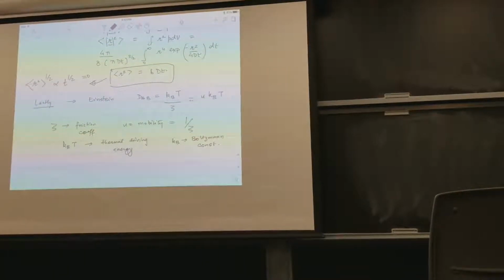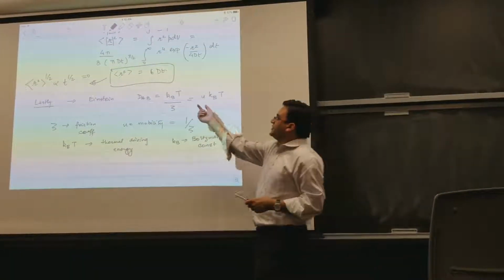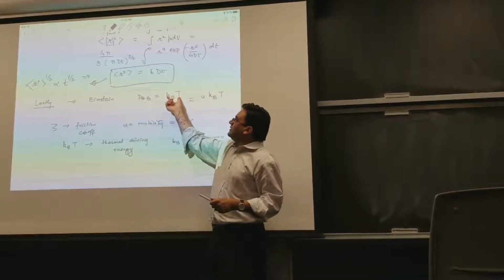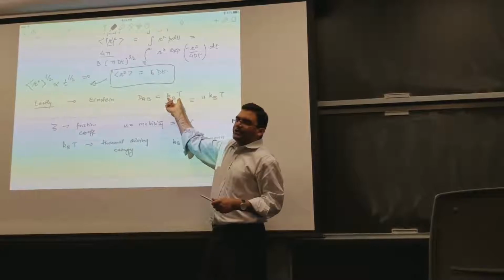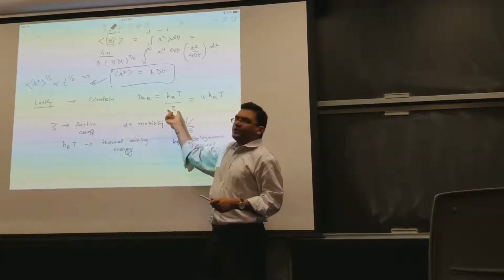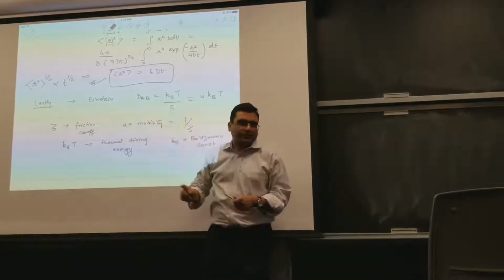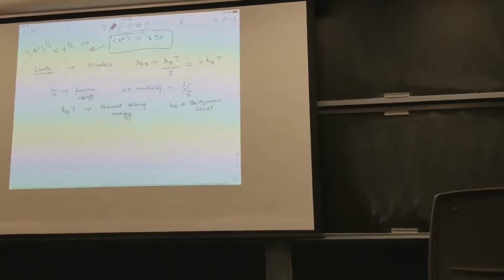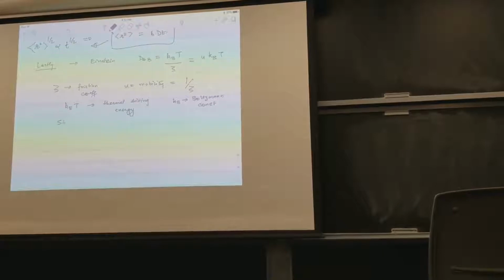So what Einstein argued was the diffusion coefficient is more or less controlled by the driving force, and this friction coefficient is a resistance. This resistance for a sphere can be written using Stokes' formula.